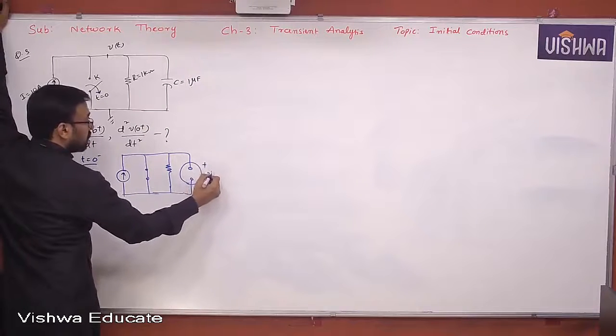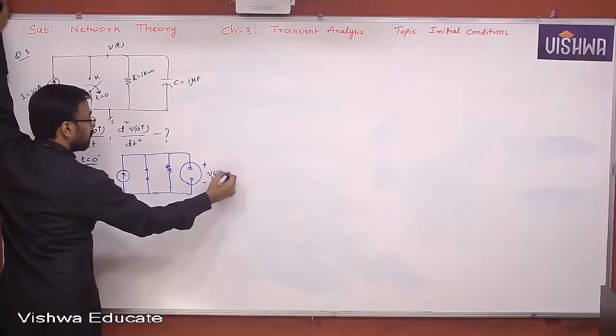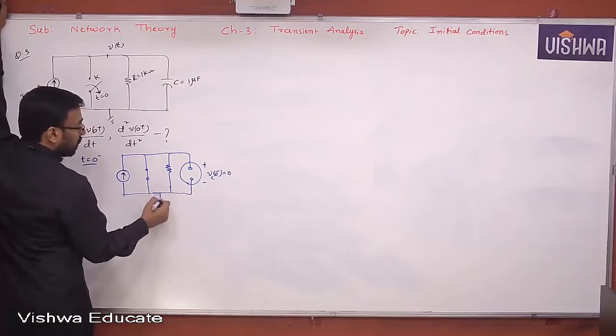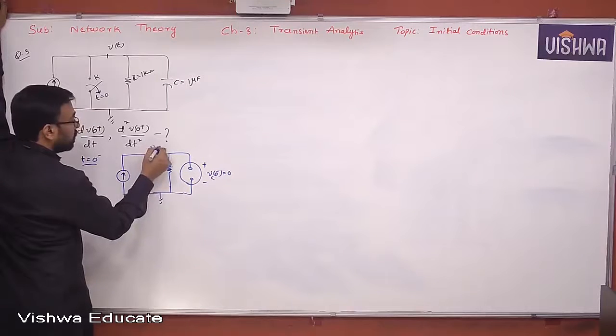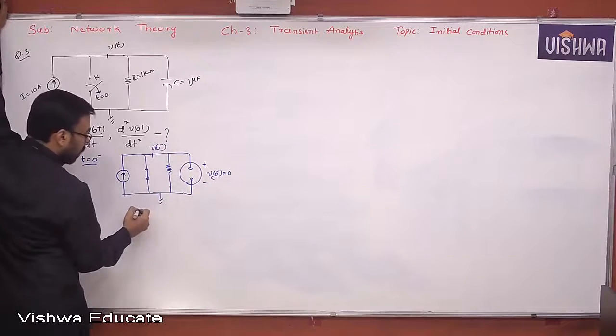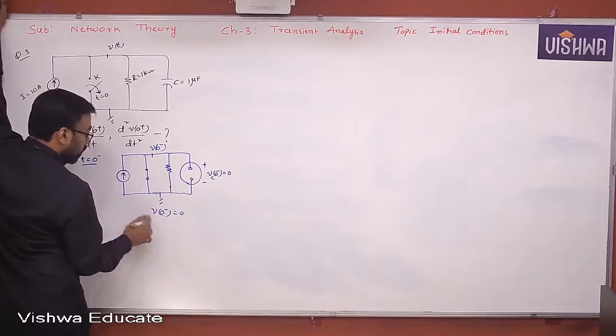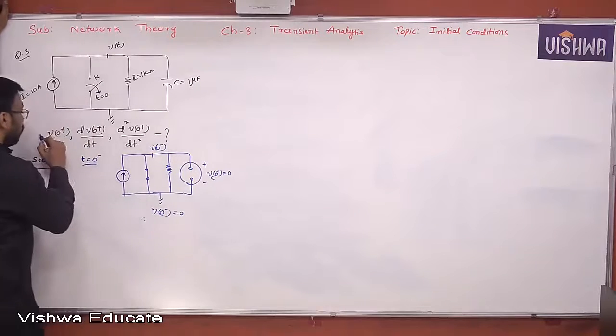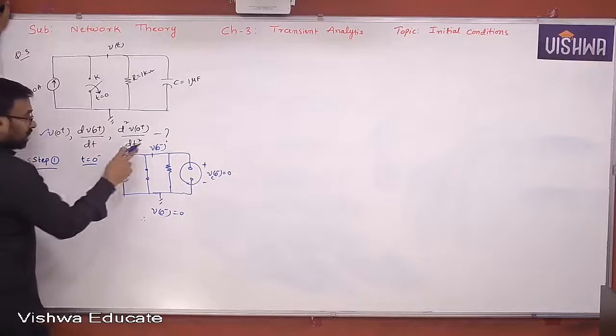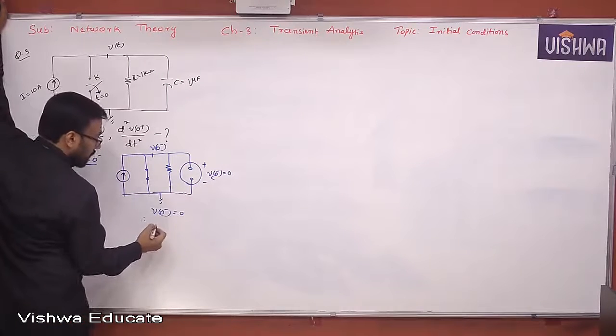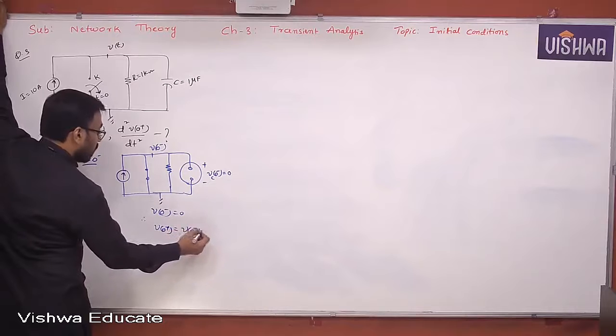Vc(0-) is 0. But here, V and Vc(0-) are both the same. Therefore, V(0-) is 0 and you want V(0+), and V is the voltage across the capacitor. I can say V(0+) is equal to V(0-), which is nothing but 0.